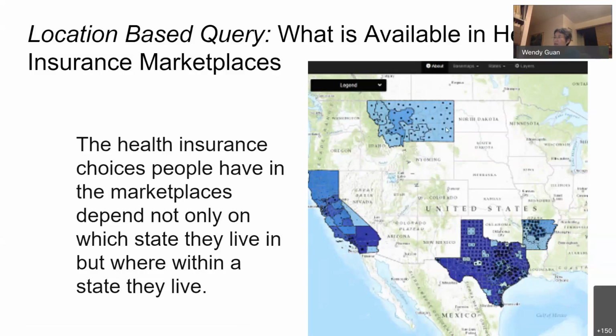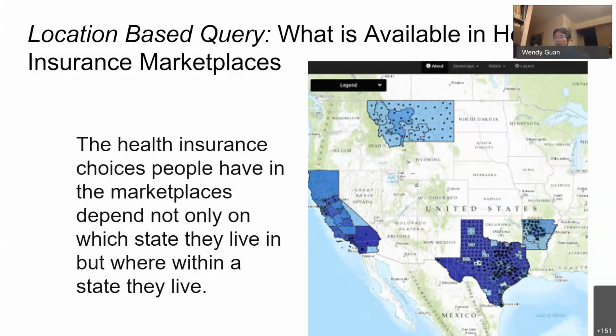So if you enter a county, not even by county, some are part of the county, you can select by the location of those insurance companies offering service there to see how many choices people living in that particular location would have, right?